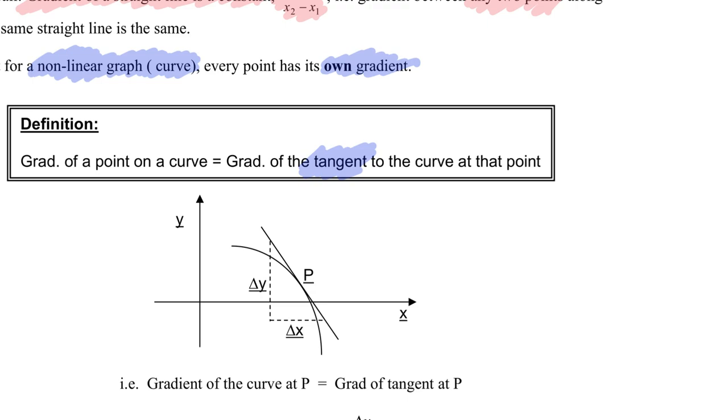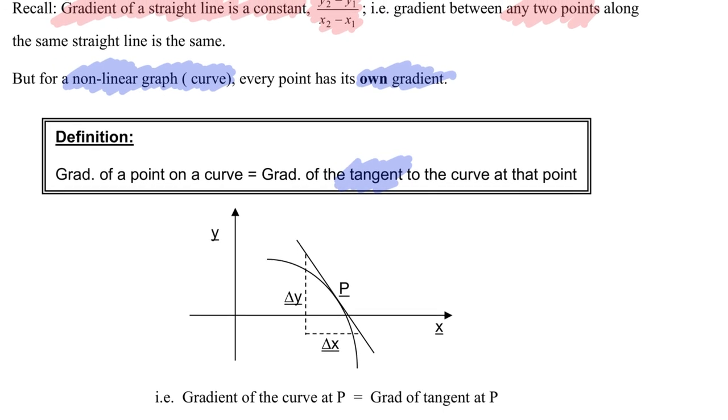make sure that we draw this. What is this? This is a line that we draw on the point, meaning it touches that particular point on the curve.